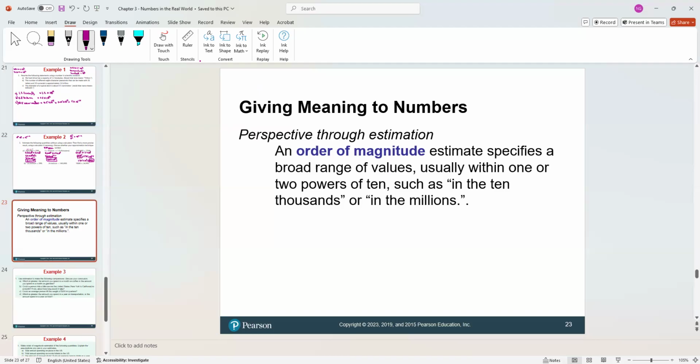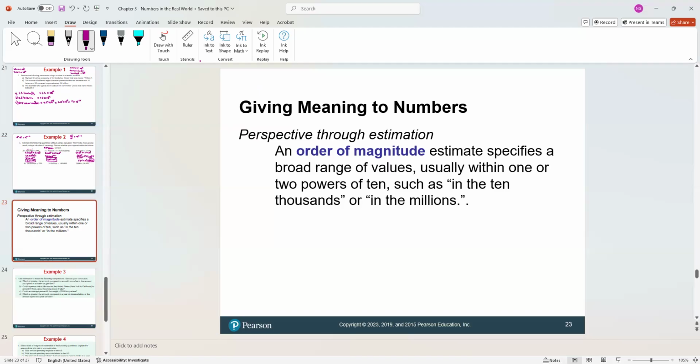For example, we can expect each story in a tall building to be about 10 feet, let's say 12 feet, from floor to ceiling, which means 10,000 feet is approximately a building with 100 floors, right? Oh my God, that's quite a lot.